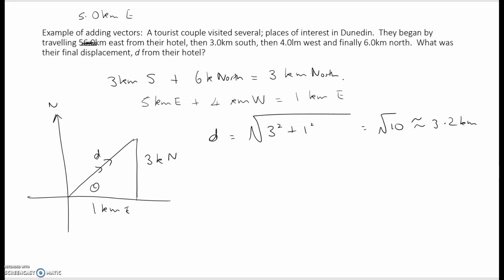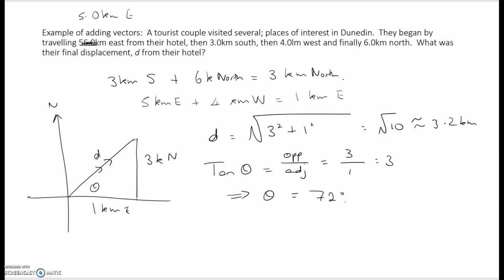But to find the angle, we remember from trigonometry that the tan of an angle is, using the information that we've got, opposite over adjacent. So in this case, it's 3 over 1, which is 3. Then we use our calculators to find theta, and theta is 72 degrees.